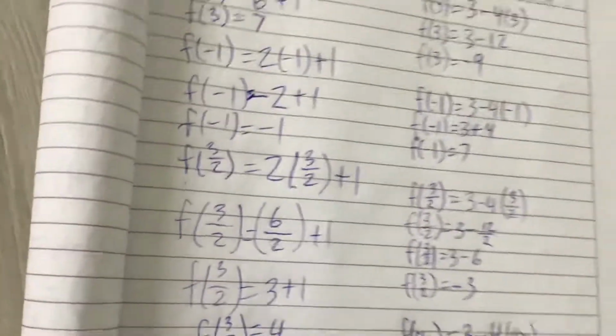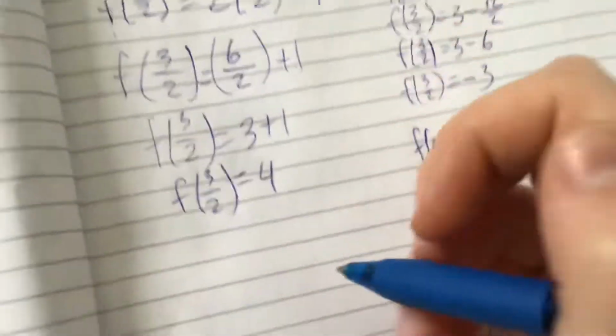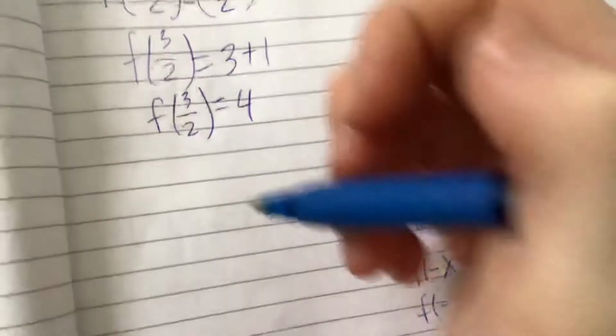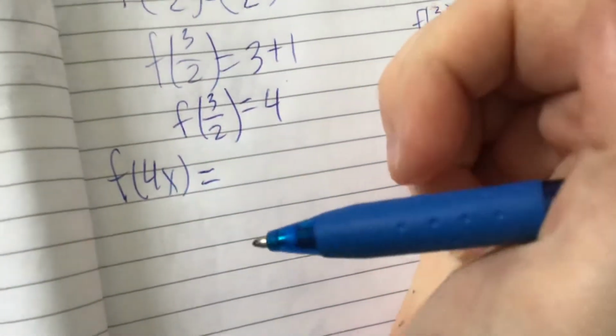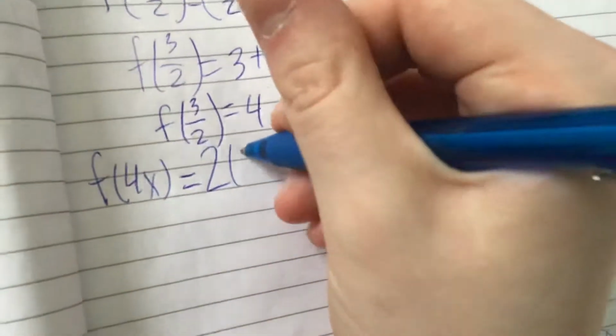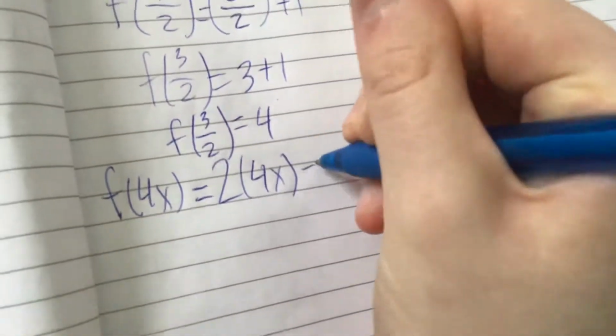Simple enough. Oh no, I'm writing a whole lot bigger than my other one. That's okay. I'll just move over to another page. Let's see. Next variable, 4x. So we have f of 4x is equal to 2 times 4x plus 1.